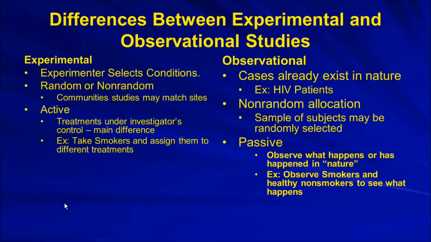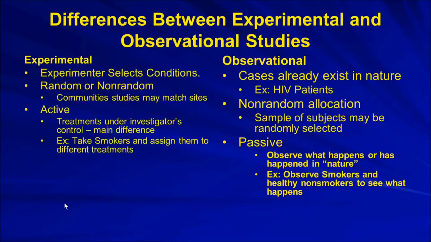That would be unethical, and we would be in serious trouble quickly. So what we do is observe what happens or has happened in nature. Another example of an observational study is we observe smokers and healthy non-smokers to see what happens to them in regards to their medical conditions.